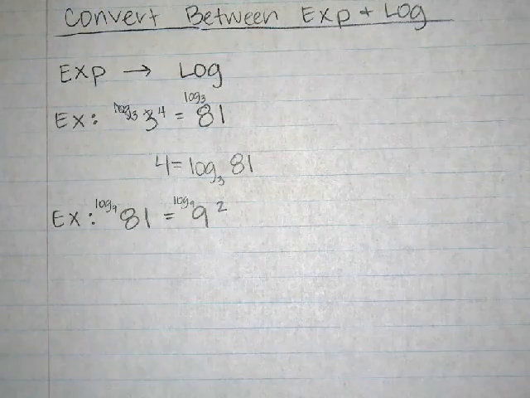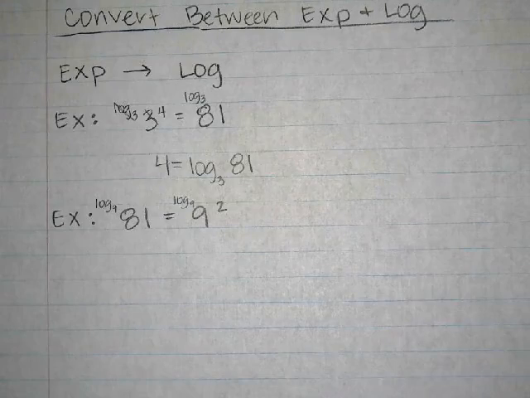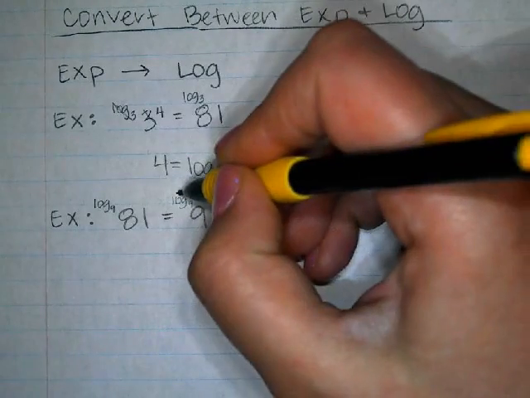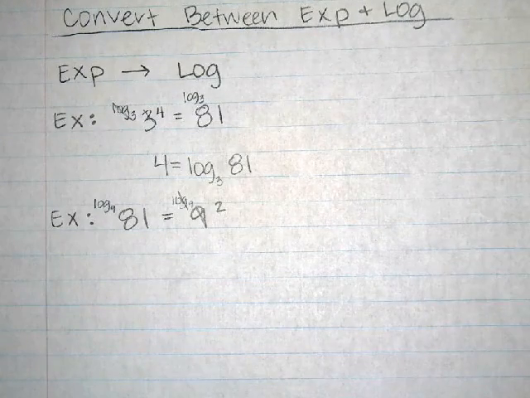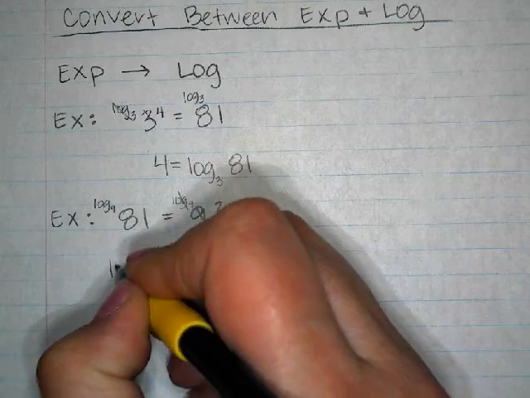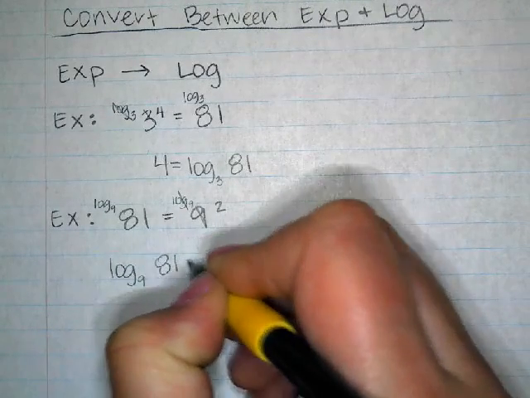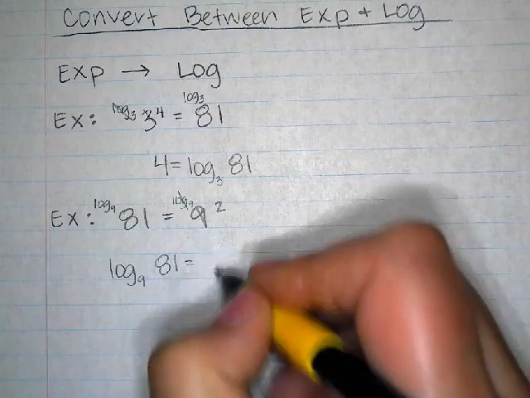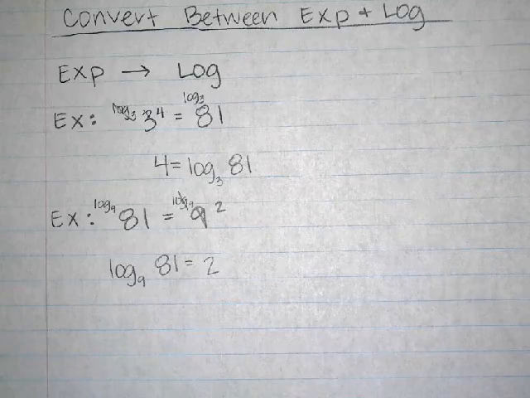So log base 9 cancels with the base of 9. On the left side, I'm left with log base 9 of 81, and on the right side, I'm left with 2. Log base 9 of 81 equals 2. That's it. That's all you have to do.